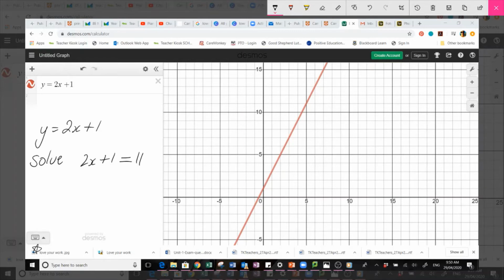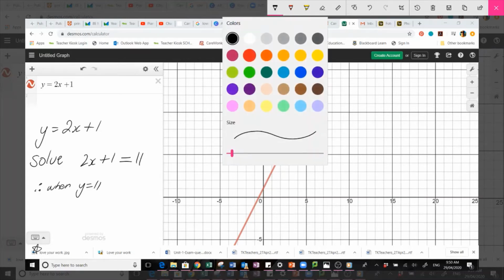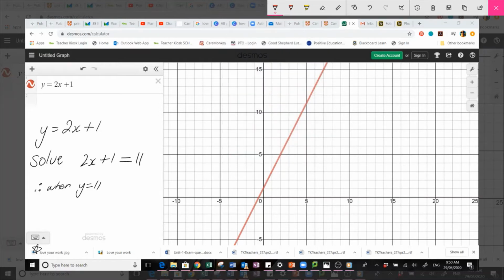Basically, what we're saying is solve for x when y is equal to 11. So let's find y is equal to 11 on the graph, and then we'll be able to solve for x. So here's 10, so here's 11. So this is y is equal to 11 at that spot there.